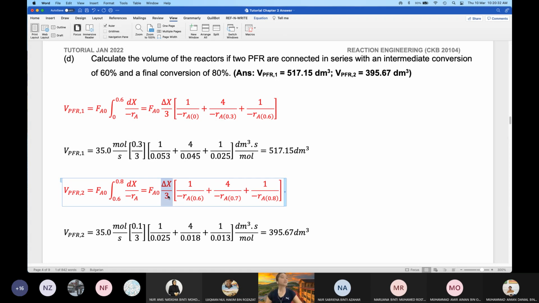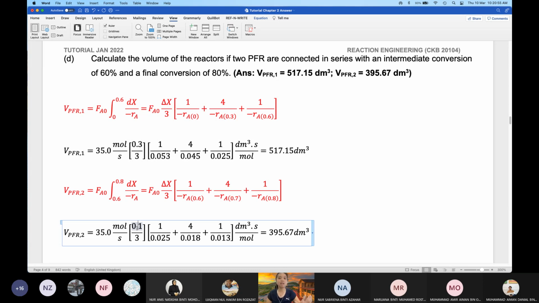That's why delta X is 0.1. This part students will always make the mistake when finding delta X, which is why I have to keep repeating it. It's the gap between the initial X to the middle X, or the middle X to the final X. So you have to be very careful about this part.